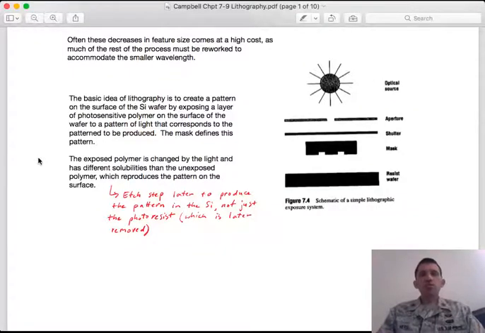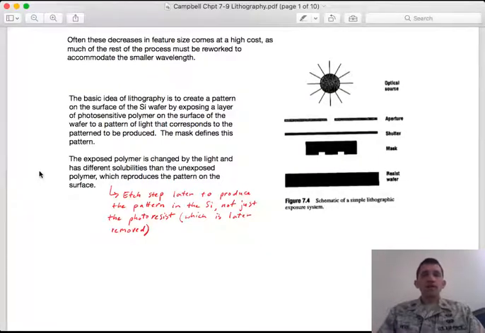However, as you push those wavelengths lower and lower, the cost increases because you have to redesign the whole process around that wavelength.